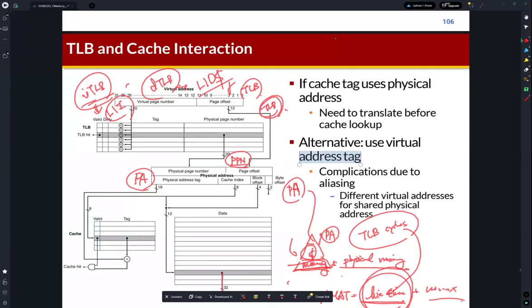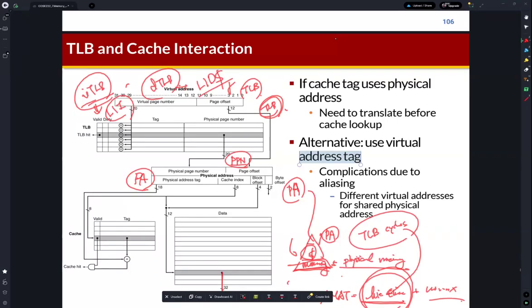How about the instructions? ITLB access can be included in the pipeline steps of the instruction fetch, right? In this course, we just assume that the instruction fetch consumes only 1 cycle, but actually it's not.